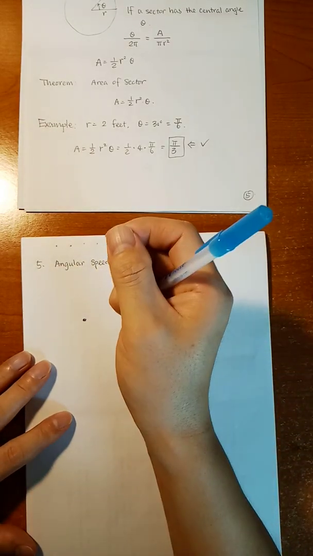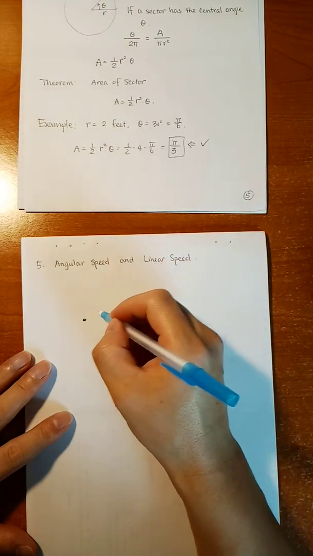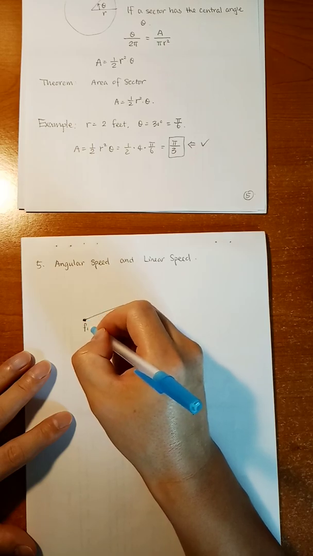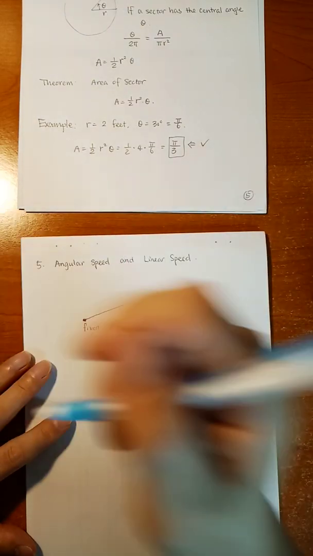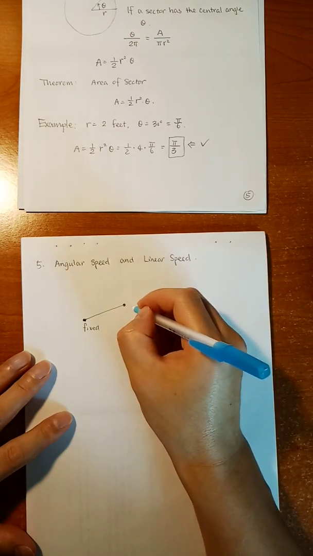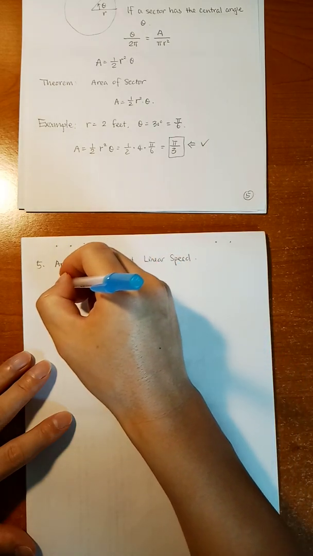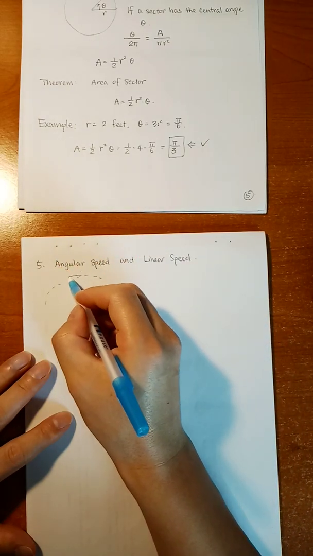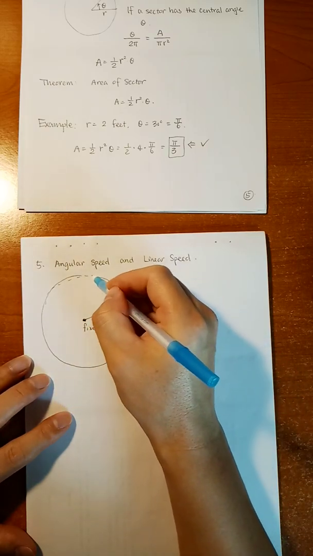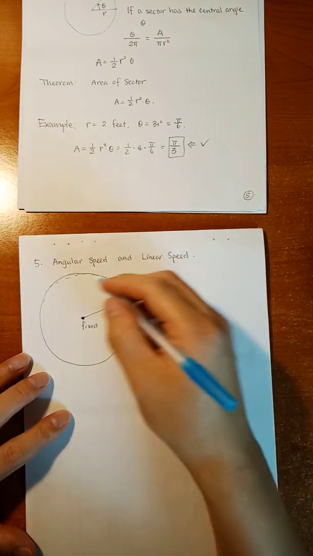You hold one end of the rope and you tie a stone at the other end of the rope. This one is fixed, and you spin this, and this is a stone. Then this stone traces a circle, right? You rotate it, you will have a circle.